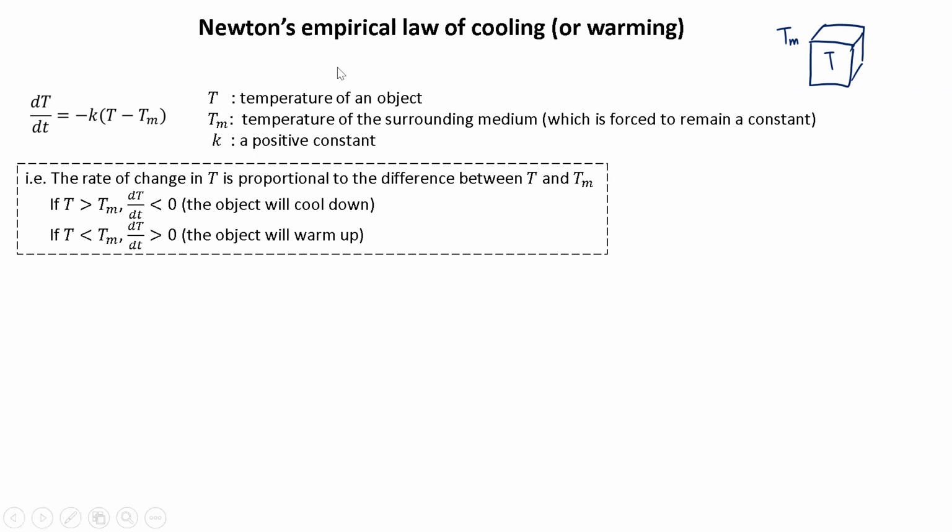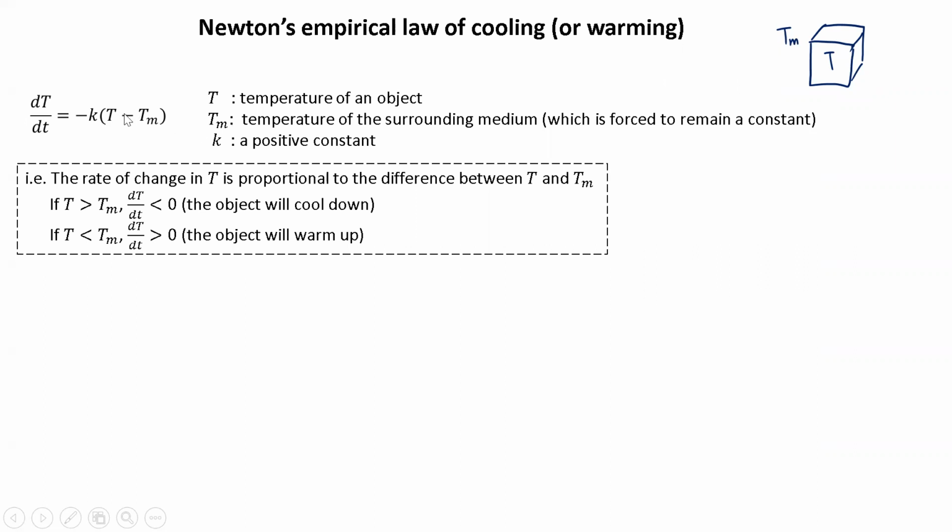So Newton's empirical law of cooling tells us that the rate of change of the temperature of this metal, or any object, is proportional to the difference between the temperature of itself and the surrounding temperature.